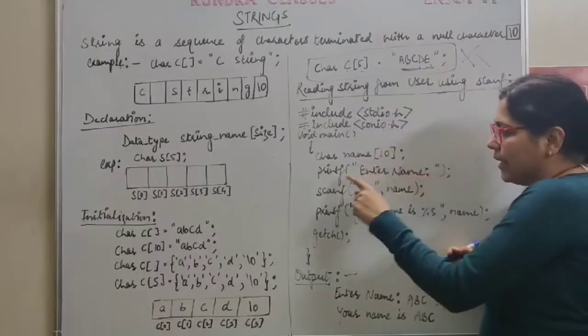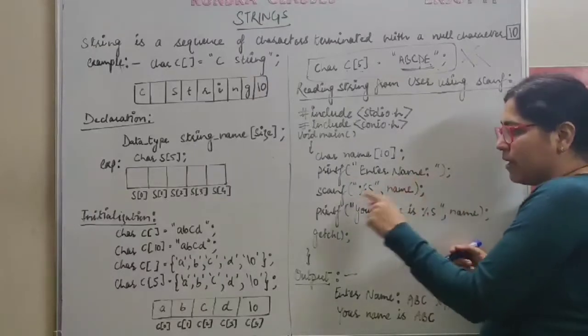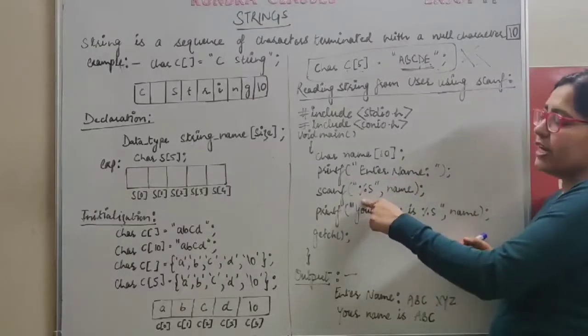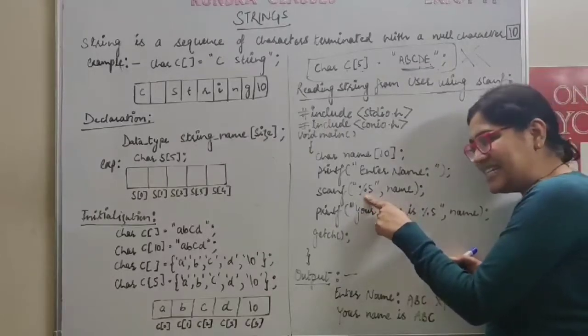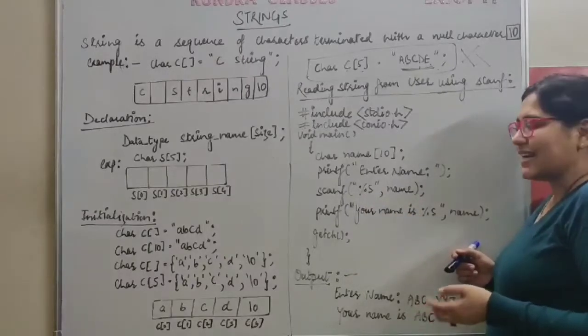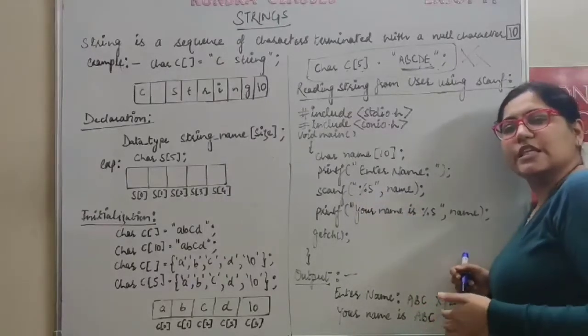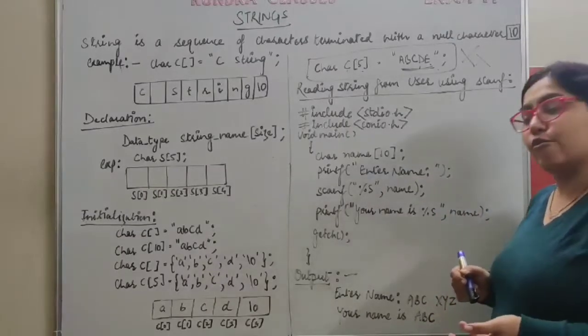We have taken a string of name, and after that we added a printf statement, enter your name. In the scanf statement, the format specifier used for a string will be %s, like we did for basic data types: %d for integer, %c for character, %f for float.